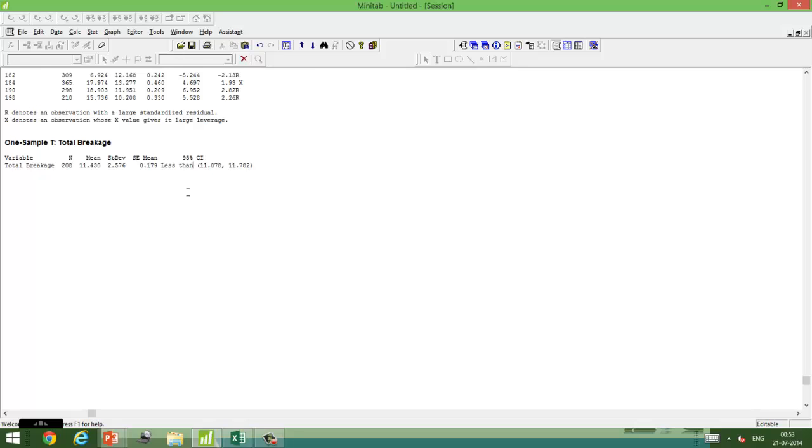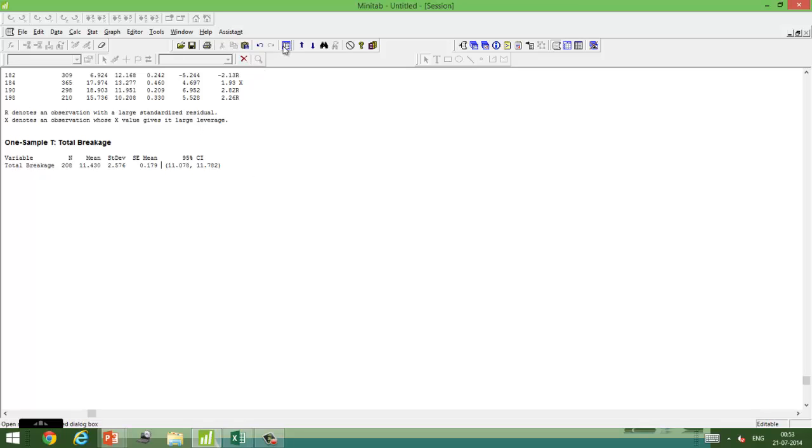Your current performance is 11.07 to 11.78, so you cannot have a target between this. You can't have significant improvement while still doing the same thing. So your goal must be below 11.07. Similarly, the same one sample t test will be used in the improve phase of Six Sigma to validate whether your goal has been achieved or not.